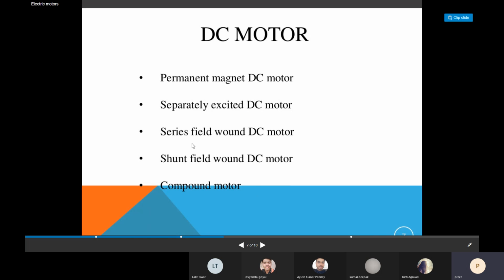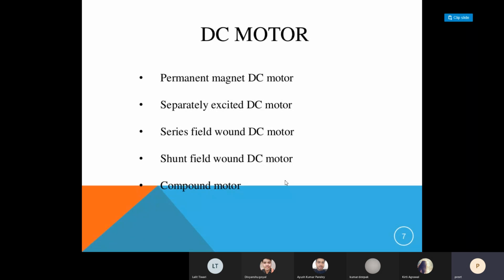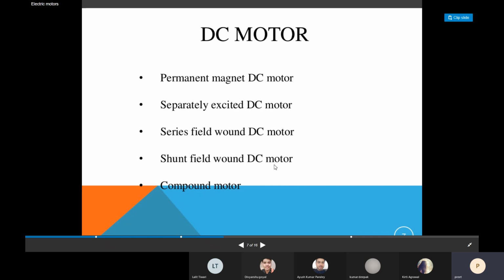All these motors have different operating characteristics, and depending on these characteristics, the application for which they are used can be decided. One more thing: what is the basic difference between these different kinds of motors? It is in their construction, regarding the placement of winding.